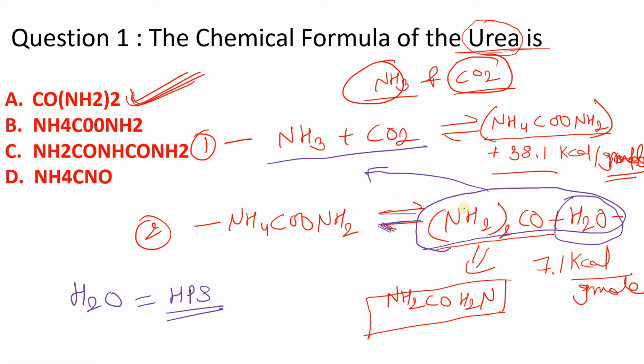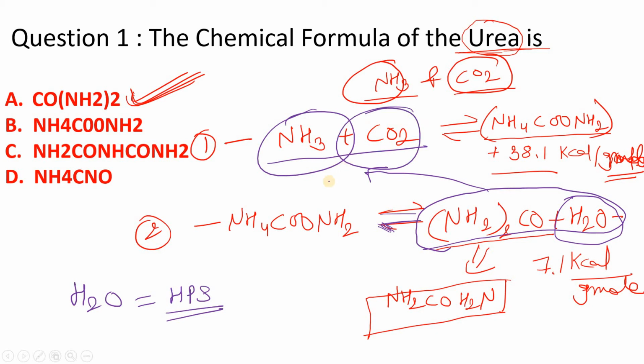So why are we doing the hydrolysis? We want to recover all the reactants. In the byproduct there is urea as well, so we are doing hydrolysis. By doing the hydrolysis, this urea is ultimately converted into the reactants.